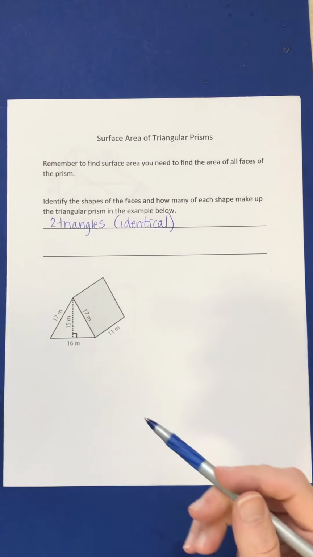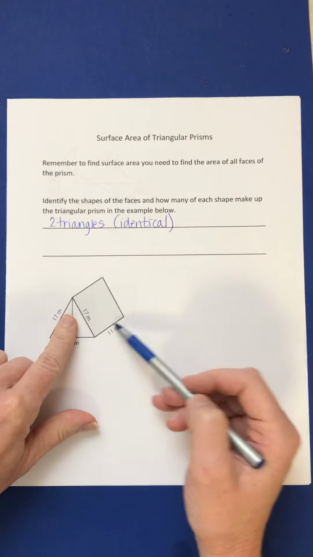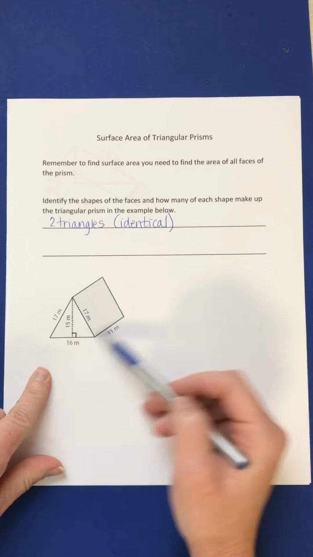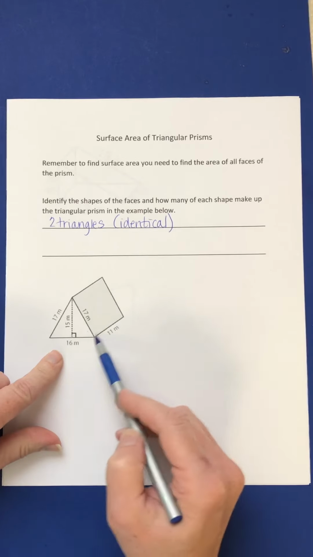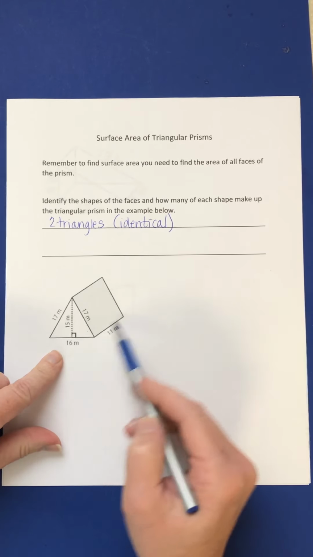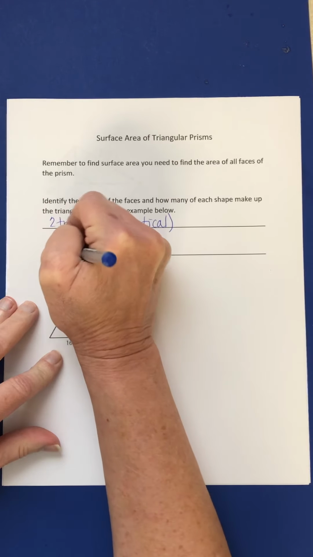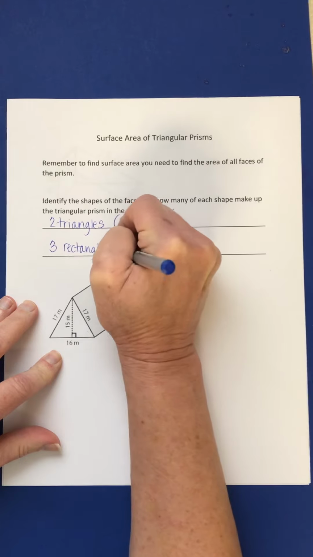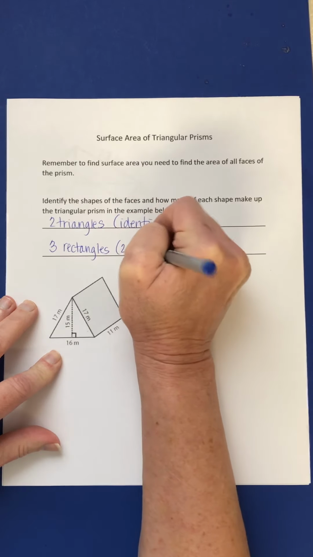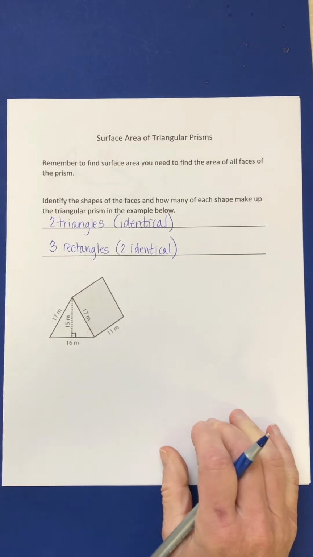This one would be 17 by 11, this one over here would be 17 by 11, so two of them are the same, and this one down here is different because it's 16 and 11. So it's made up of three rectangles, and two of them are identical. That's going to help us figure out what our areas are going to be.